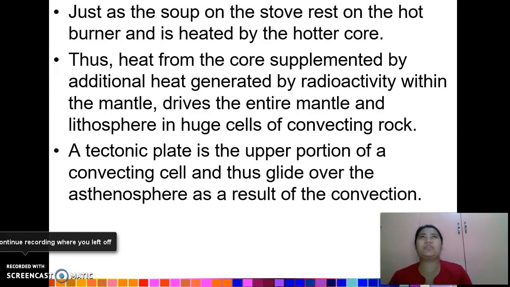of convection. So just like when we are cooking, the first one that is being cooked is actually at the bottom, and then those heated materials at the bottom go up, and those cold materials at the top go down, and the cycle continues.